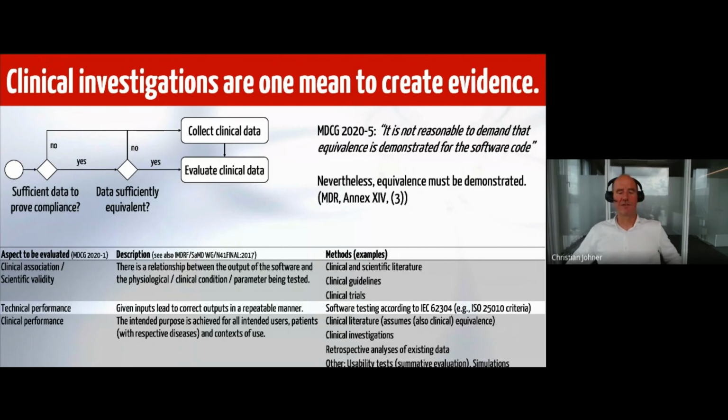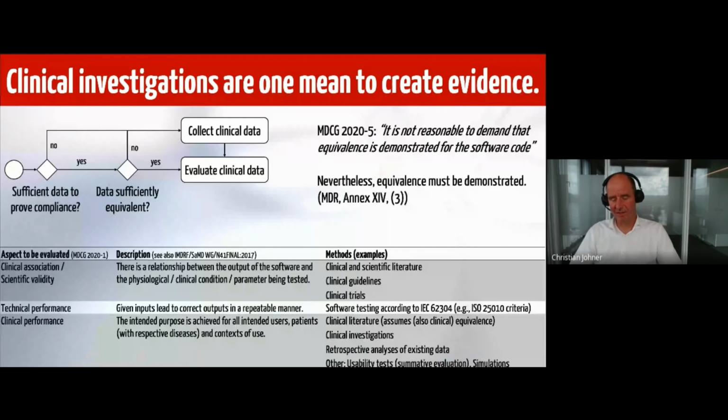Clinical performance means: is the intended purpose in the intended clinical context for the intended patients actually being achieved? Here, clinical investigations are one means, but in frequent cases it's also possible to use retrospective analysis of existing data.